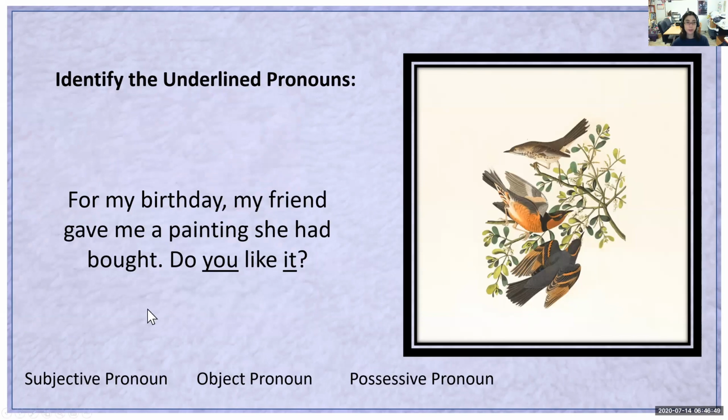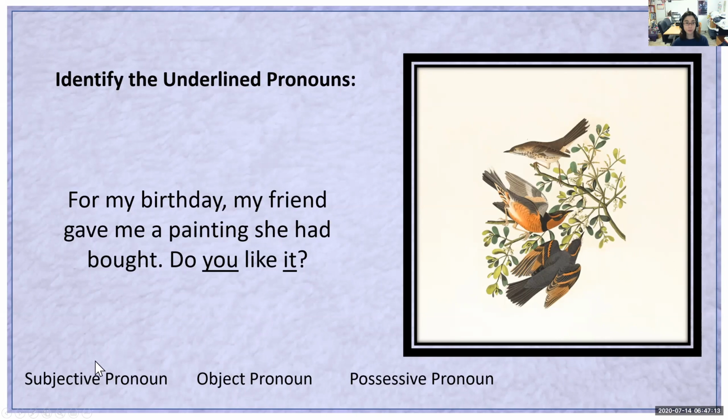For my birthday, my friend gave me a painting she had bought. Do you like it? Is you going to be a subjective pronoun, an objective pronoun, or a possessive pronoun? If you said that you is a subjective pronoun, you are correct. It's the subject, the main focus of the sentence. What about it?